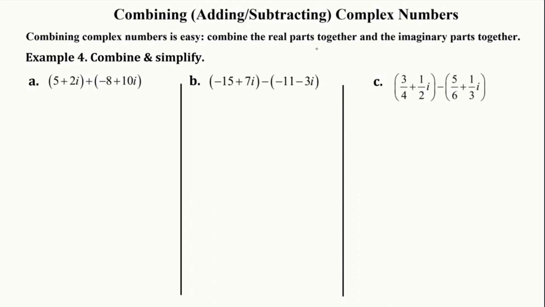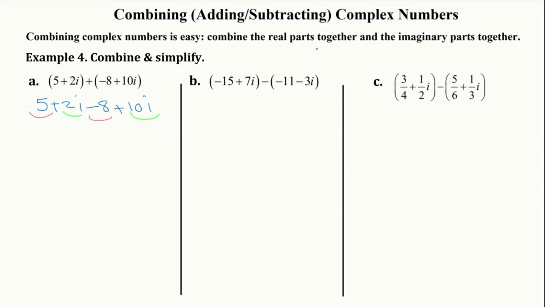So we end up with 5 plus 2i, and positive times negative 8, that's just minus 8, and then plus 10i. So now I'm going to combine these two real parts of these two complex numbers, and I'll combine these two, right?